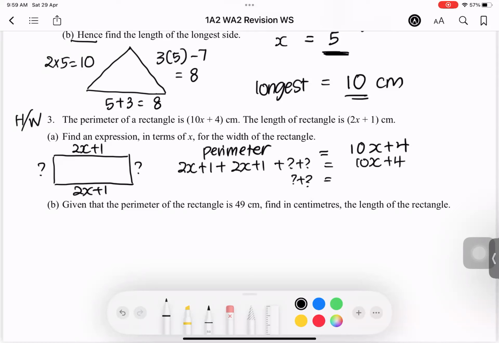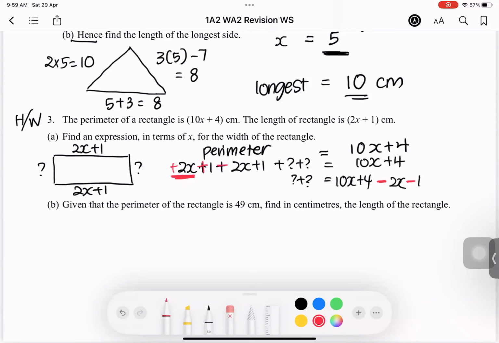Do subtraction, right? When you do subtraction, you must remember this one becomes minus 2x. So it's 10x plus 4, minus away the 2. This one positive becomes minus 2x. This is positive, minus 1.